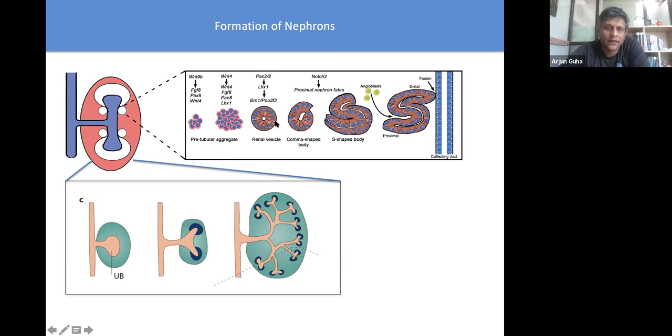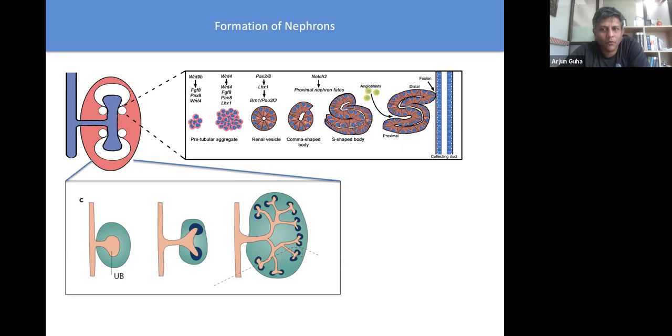This structure then undergoes a complete epithelial transition to form what is called a renal vesicle. This renal vesicle then undergoes a series of structural transitions called a comma-shaped body or an S-shaped body to give rise to a ductal structure, which then refines to forming the glomerulus.